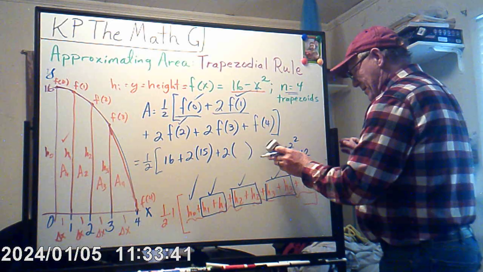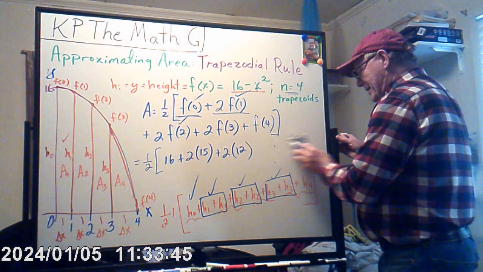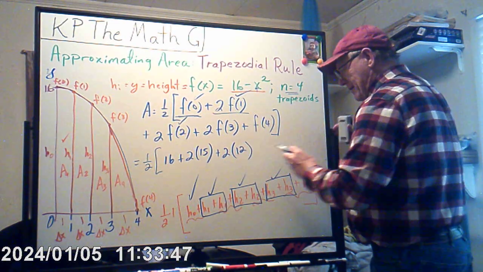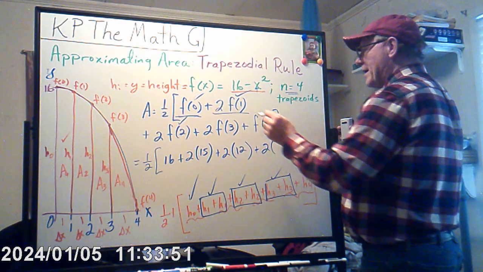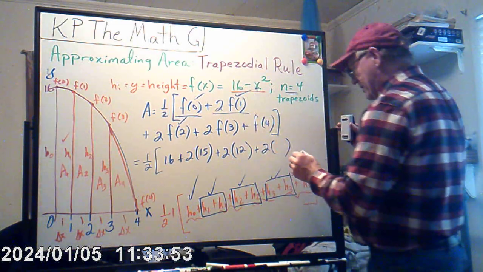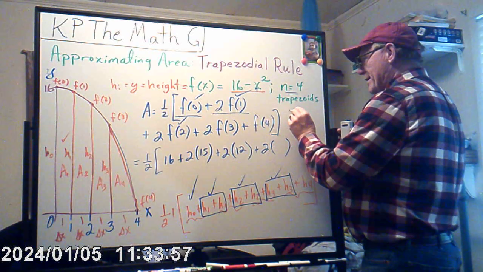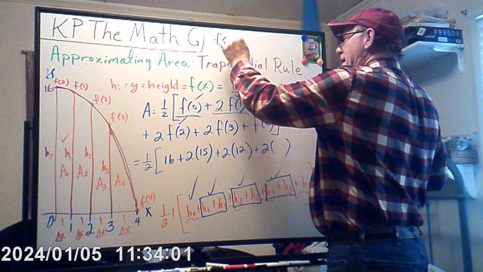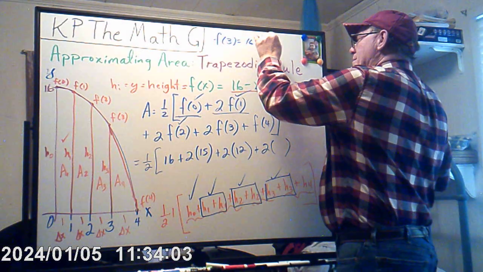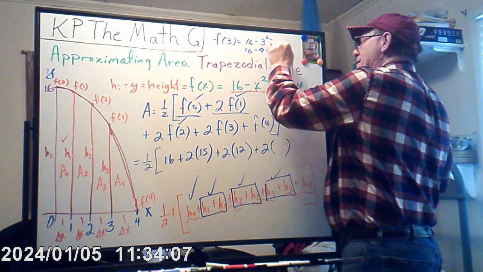Then the next is 7, plus 2 times. It's getting crowded here, isn't it? Let's put it up here. F at 3 is 16 minus 3 squared, which is 16 minus 9, which is 7.